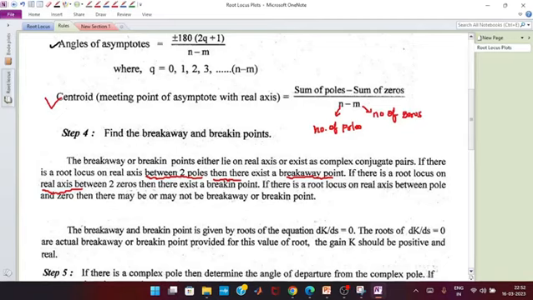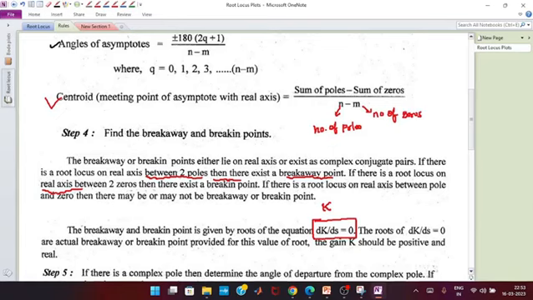To find the breakaway point, from the given open loop transfer function, you find the closed loop characteristic equation. After that, you find the value of k. From k, you find the differentiation of k with respect to s, equate it to 0, and you can find the breakaway point at which the k value is positive.